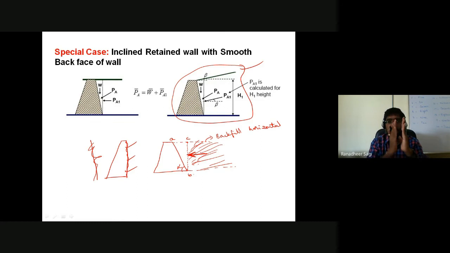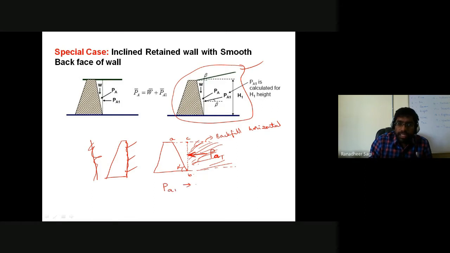On the BC plane, I can calculate the resultant thrust force coming from the adjacent soil, either in the active state or the passive state, using the earlier learning. I'll simply write it as PA1. What does PA1 indicate?